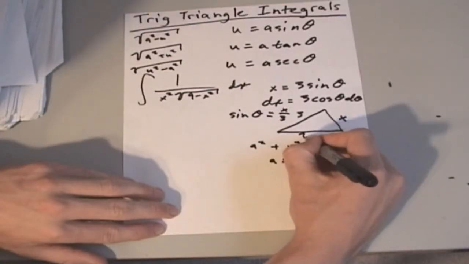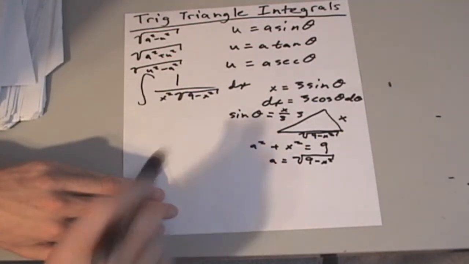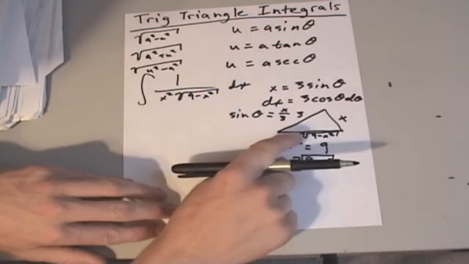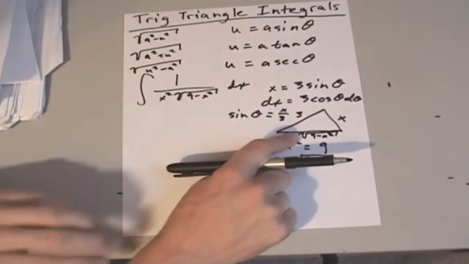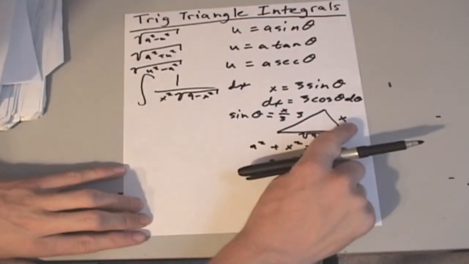So the square root of 9 minus x squared. And we would probably want to use the cosine function to find a replacement for this so that we're not getting an extra variable in.